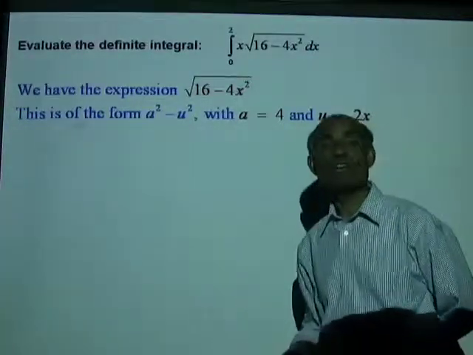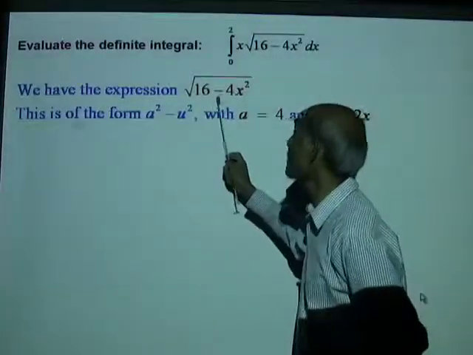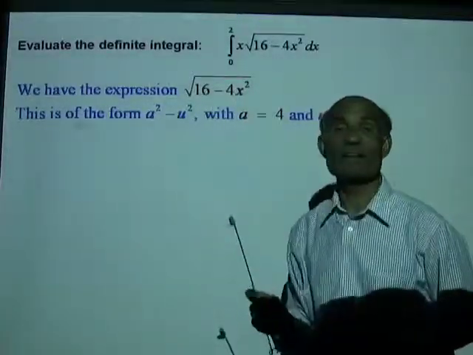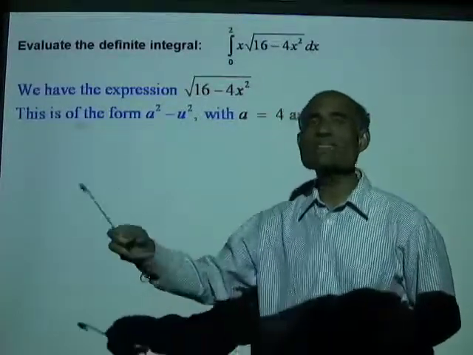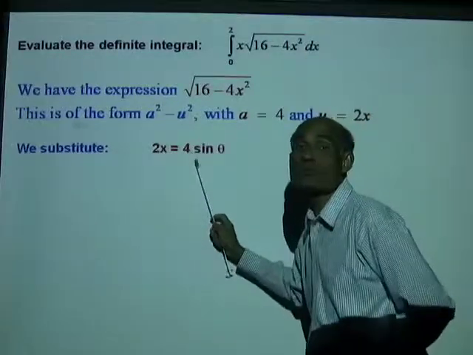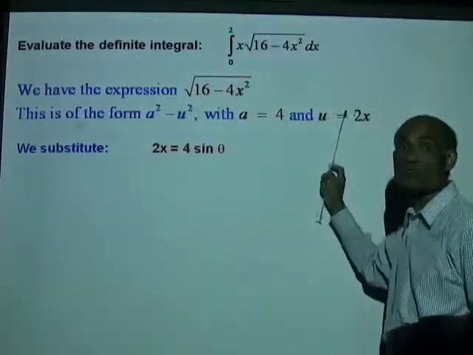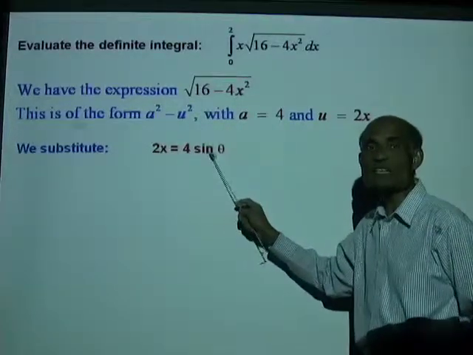What is the substitution we make here, which is of the form a squared minus u squared? The substitution will be u equal to a sine theta. Our u is 2x, so we say 2x equals a sine theta.